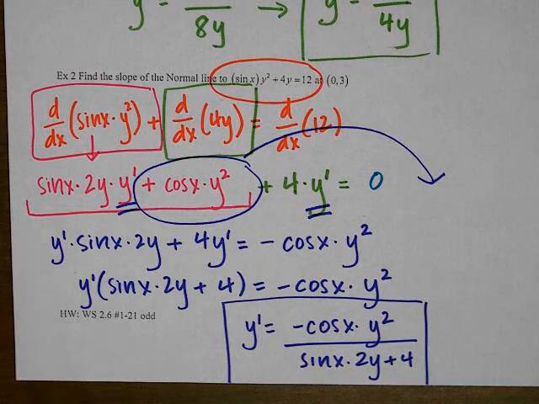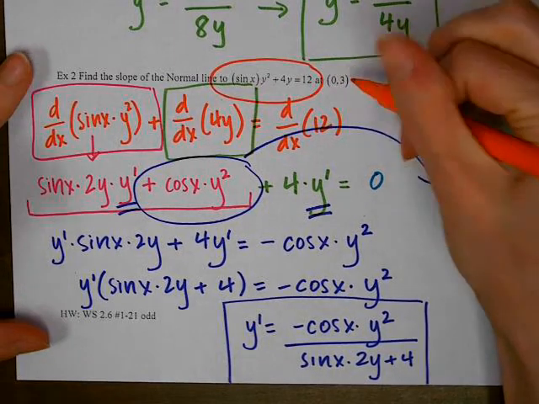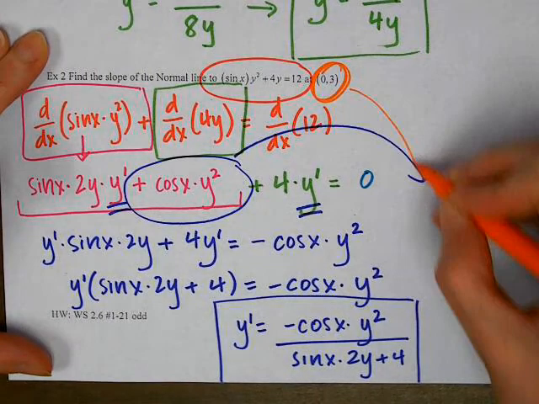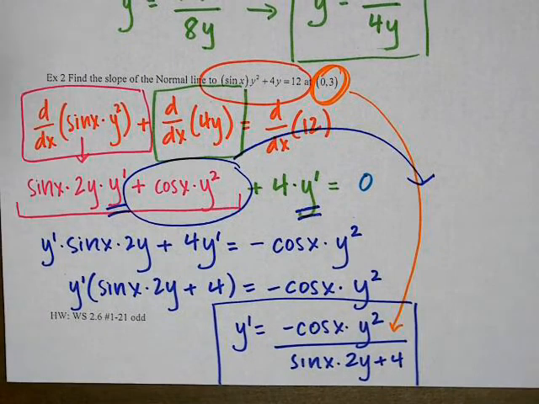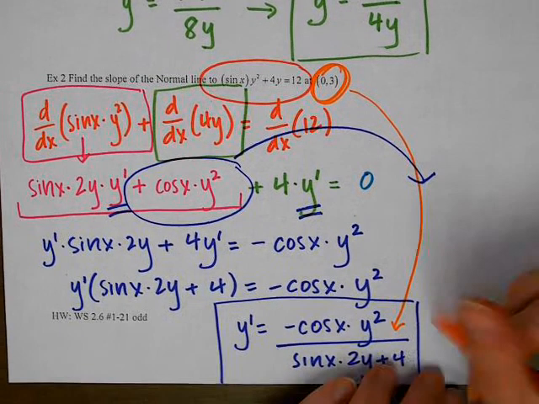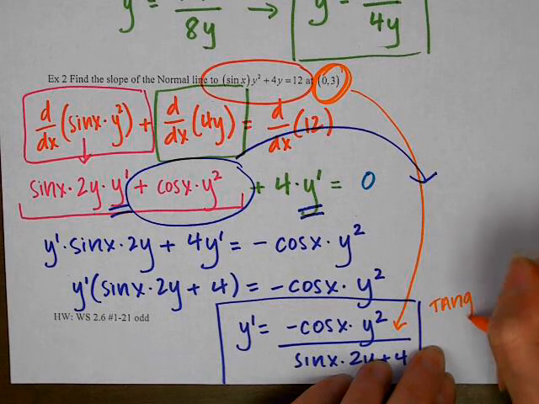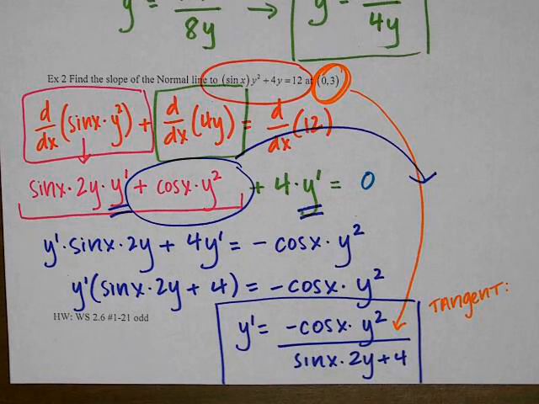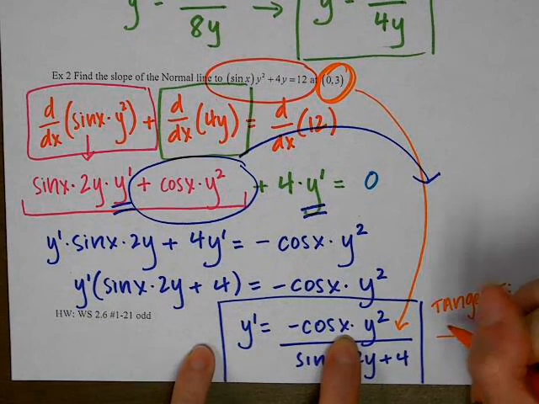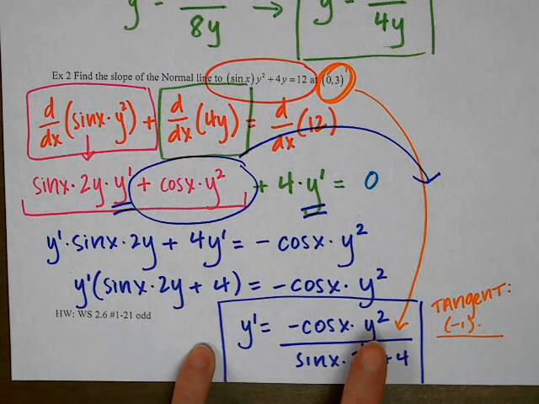Okay, but this one we're not done. This one says find the slope of the normal line at a certain point. Okay, so it's saying at the point 0, 3. So let's go ahead and start by plugging in x equals 0 and y equals 3. Because remember, y prime is just the slope of the tangent. Okay, so the slope of the tangent, if we plug in 0 and 3, let's see, negative cosine of 0 is negative 1 times y squared.